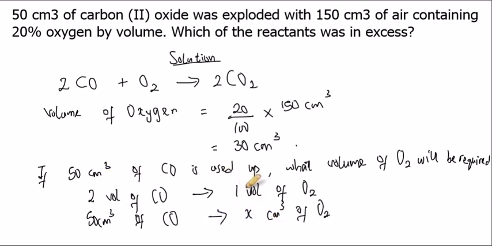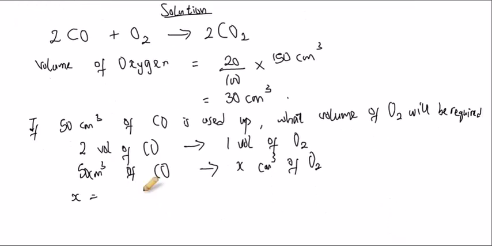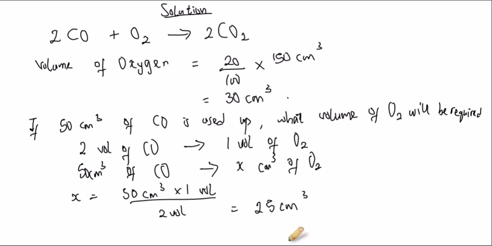The 2 and 1 we used above are gotten from the chemical equation, and that's the reason we need to have a balanced chemical equation. So we are cross multiplying, so x will be equal to 50 cm3 multiplied by 1 volume divided by 2 volumes. So this is equivalent to 25 cm3. That is, if we used all of the 50 cm3 of carbon(II) oxide provided, we will be needing 25 cm3 of oxygen.